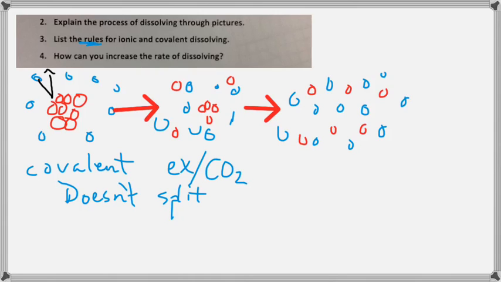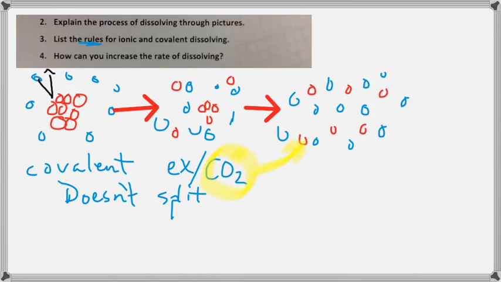So all that's going to happen is individual molecules of carbon dioxide are going to be separated out throughout the solvent. In this case, our CO2 is just one of these red dots, one of these red solutes. So the whole molecule is traveling together. We're not breaking those covalent bonds. Each one of those red solute dots or circles represents one molecule of CO2.